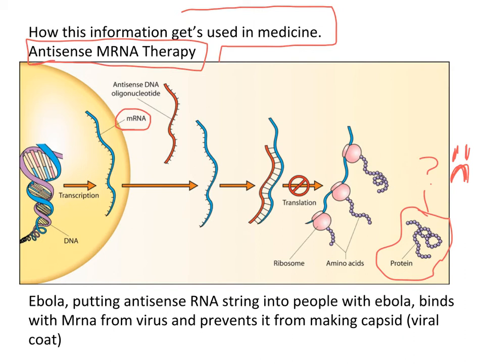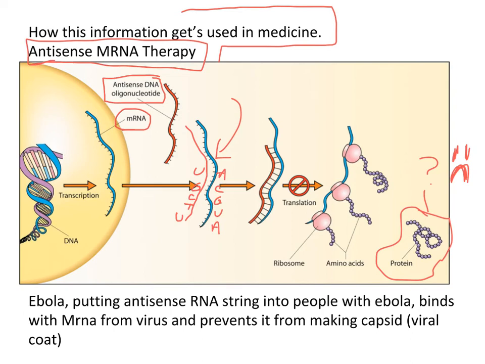Well, if we have the antisense DNA or the antisense mRNA, it doesn't actually matter. You can see that the antisense copy, so let's just say this is AUGCA, whatever, right? The antisense here, and let's just say it's antisense mRNA, UACGU, that's what would be here, is going to bond to that other side.